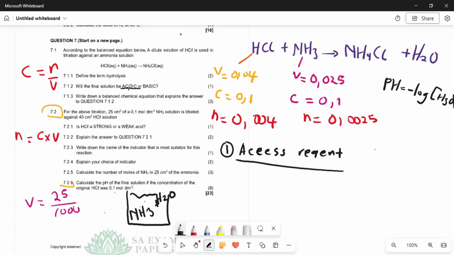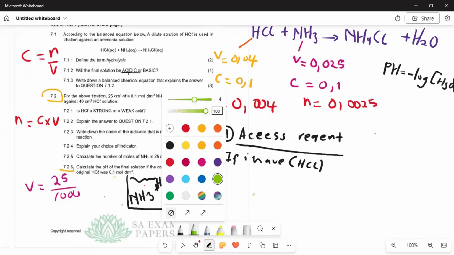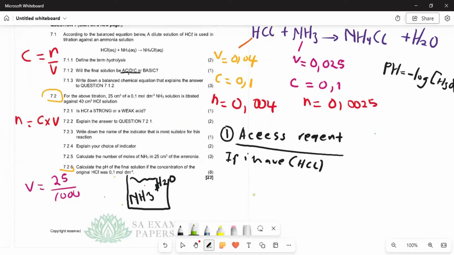So first, if I have HCl, hydrochloric acid, I will compare it to my NH3. So it's HCl is to NH3. Now, what is the ratio between these two? It's 1:1.